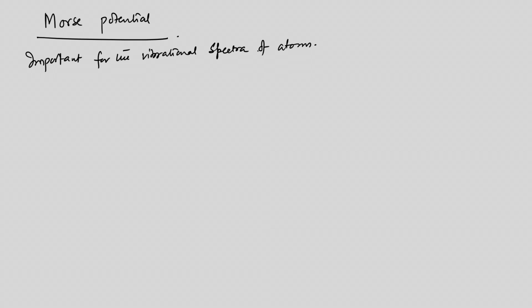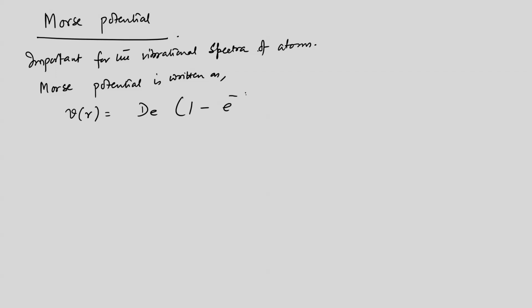So, there is an anharmonic term being present, and the Morse potential is written as V of r equal to d E times 1 minus exponential of minus A times r minus r e, whole square.